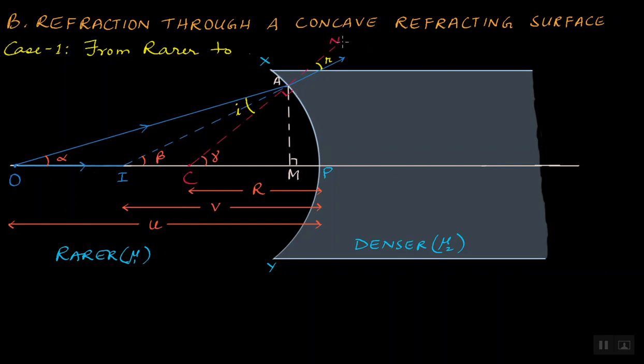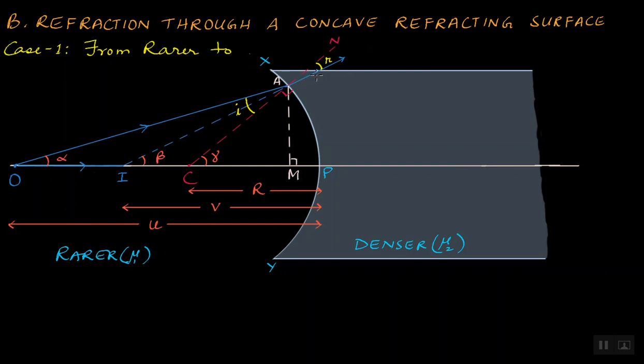If we extend this, the line CN will become the normal. So you have the incident ray OA, the line CN as the normal, and the angle between them is the angle of incidence i.